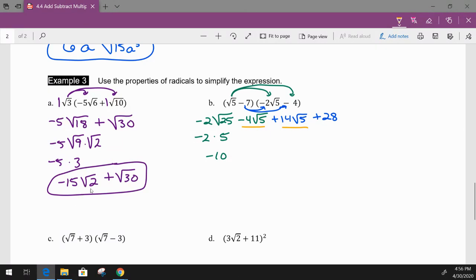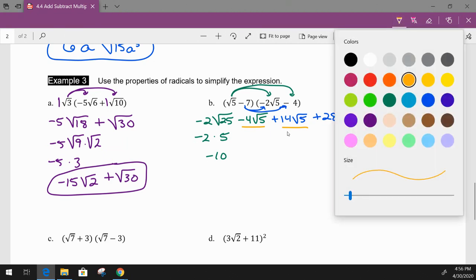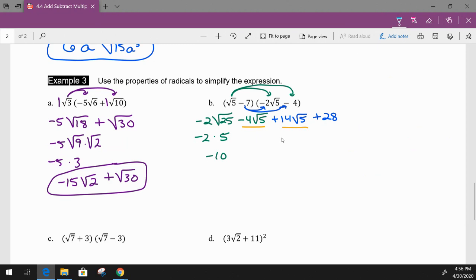Unlike this last example, here we had a square root of 2 and a square root of 30. These are both square roots of 5, which means you can combine them by adding your middle terms together, or your coefficients, -4 and 14, if I add those together, will be positive 10 square root of 5.